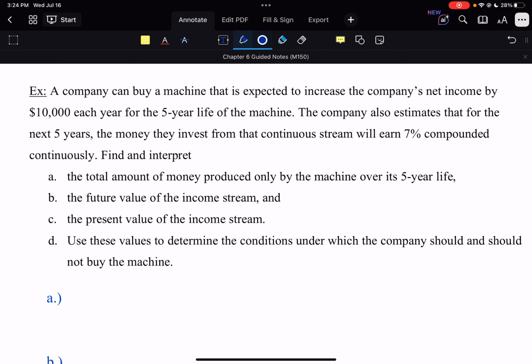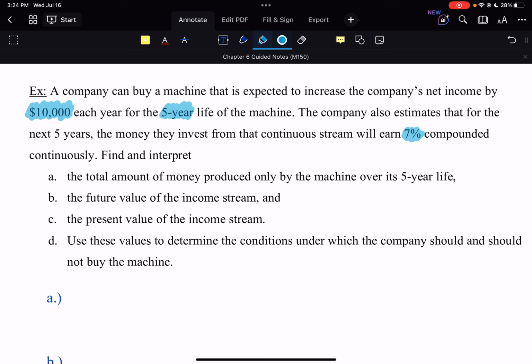A company can buy a machine that is expected to increase the company's net income by $10,000 each year for the 5-year life of the machine. So we've got $10,000 each year for 5 years. The company also estimates that for the next 5 years, the money they invest from that continuous stream will earn 7% compounded continuously.